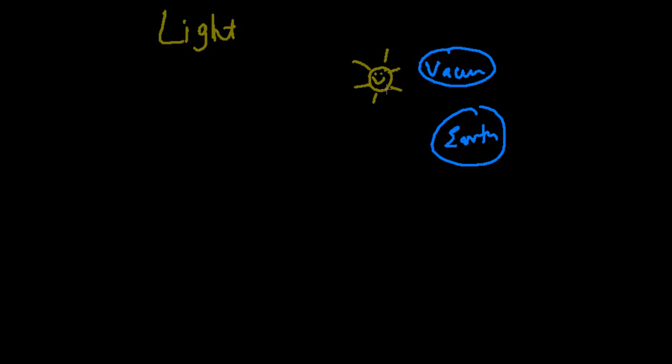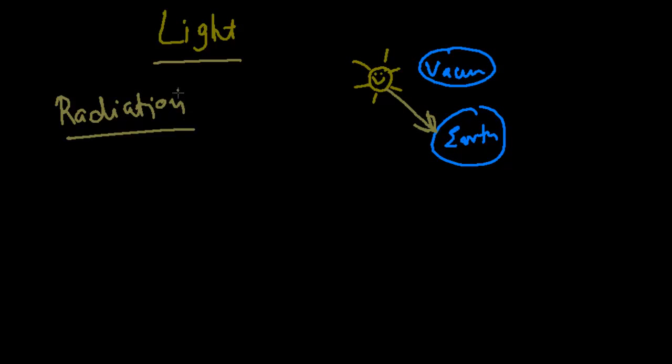Still, light from the sun can reach earth, and heat can also reach earth. So how is it possible? This kind of transfer of heat is called radiation.